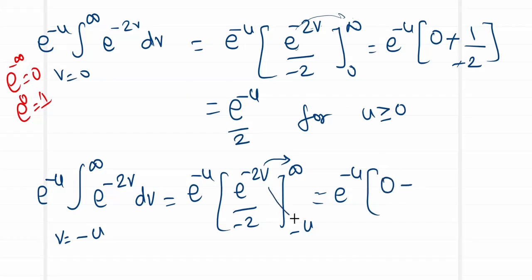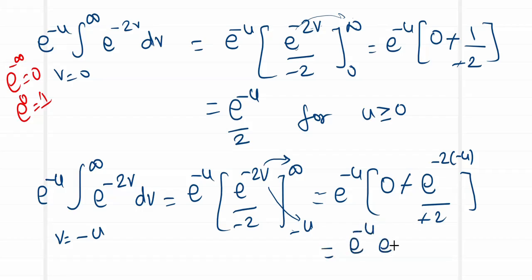Minus the lower limit, v takes the lower limit minus u: minus 2 into minus u. So you have e power minus 2 into minus u divided by minus 2. This is my lower limit. The minus on minus cancels off, leaving you with e power minus u, e power positive 2u divided by 2. When we club both of them, this gives me 2u minus u, so that makes it positive u. So e power positive u divided by 2, and this is for the case u less than 0.